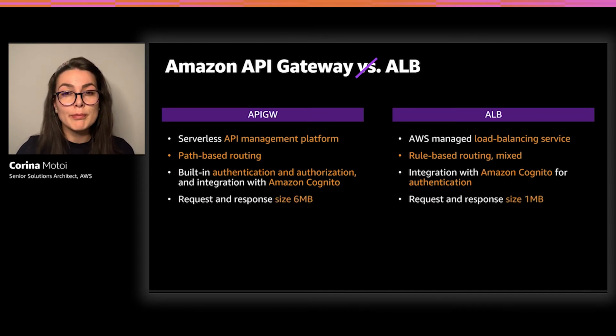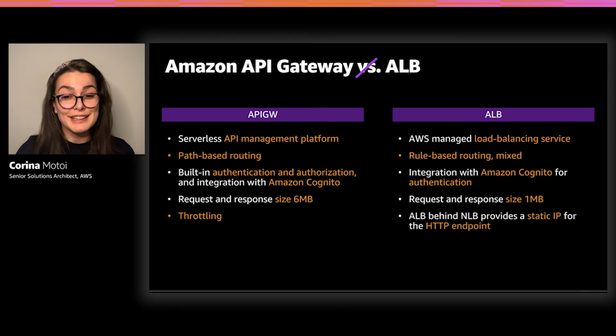In terms of payload, when integrating with a Lambda function, API Gateway supports 6 megabytes, while the ALB supports 1 megabyte. The responses have the same payload size as well. Natively for the API Gateway, you can configure throttling on the requests to your API.